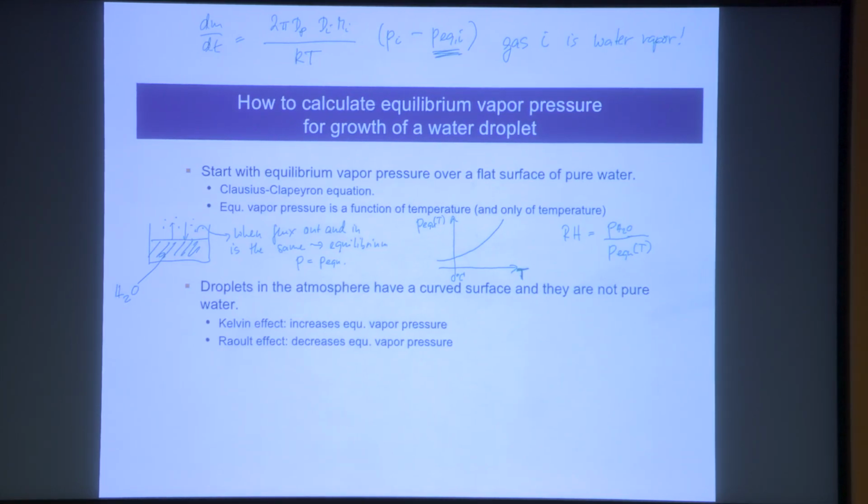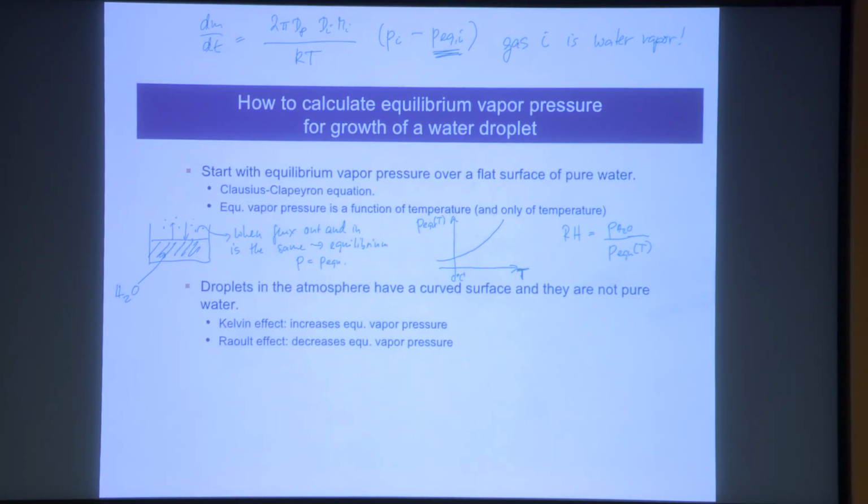And if that gets to high numbers, like 70, 80%, we know it's muggy and we feel uncomfortable, right? So we know this from our daily life. Okay, so that's the Clausius-Clapeyron equation. It's just a function of temperature, nothing else. And it tells you what the equilibrium vapor pressure is at that temperature.